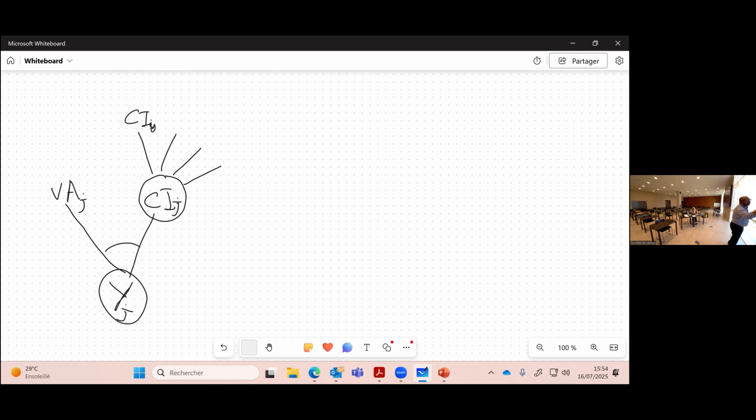This is the intermediate consumption used. And we have, in the simple situation, capital and labor. And we have here a combination.